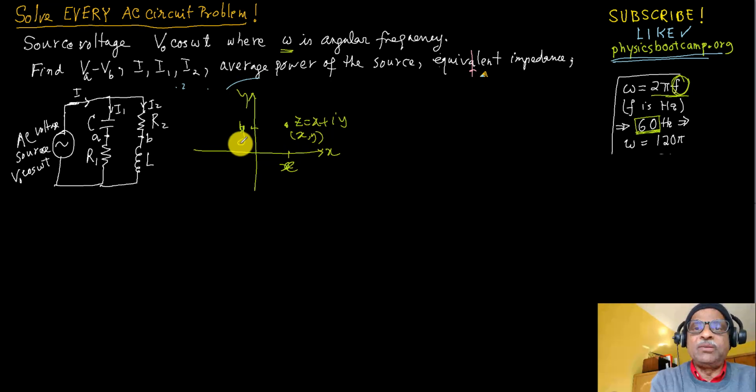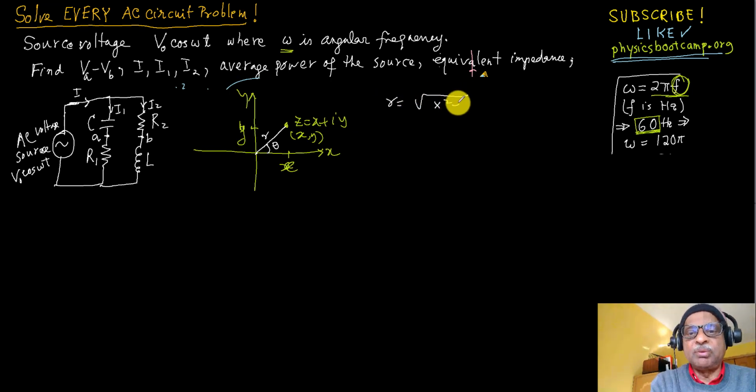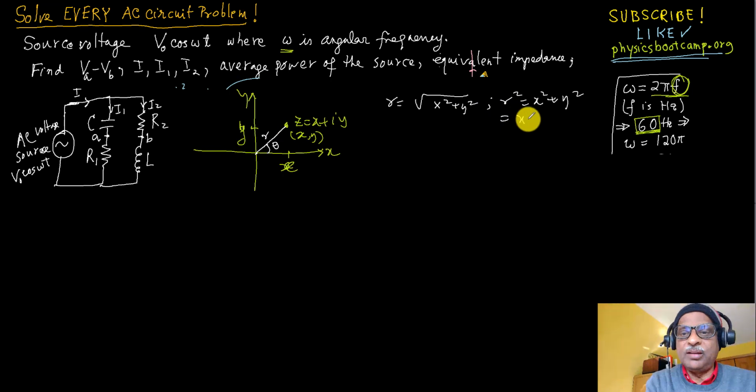So we said we could represent this by this r and theta. So the r will be the square root of x square plus y square. You can see r square is x square plus y square. Well, this is the same as x plus iy times x minus iy.